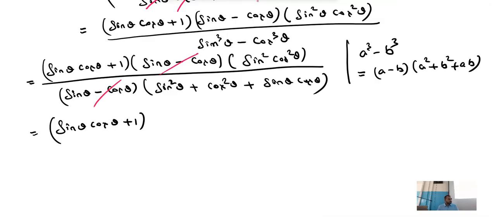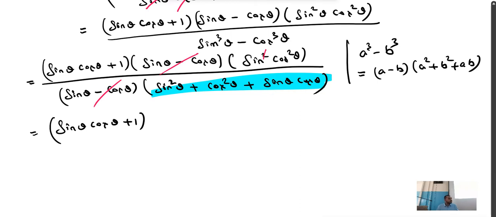Next, one time sin theta and one time sin theta get cancelled. Can we cancel them? No, we cannot cancel because this entire term in the bracket is one term. We cannot cancel them. So what should we do? Let me keep this as it is as of now.